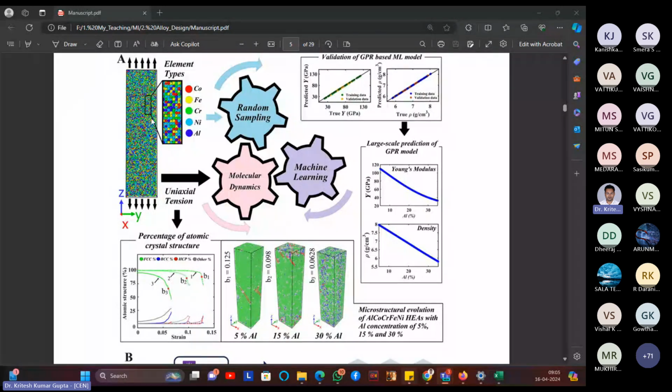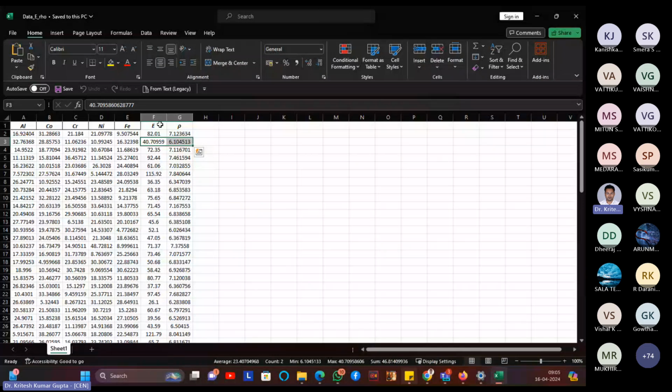Then I conducted molecular dynamic simulations for those configurations and gathered Young's modulus and density. As you can see here, I have some concentration of aluminium, cobalt, chromium, nickel, and iron, and the corresponding responses I have gathered from the simulations. So stiffness is there and density is there.